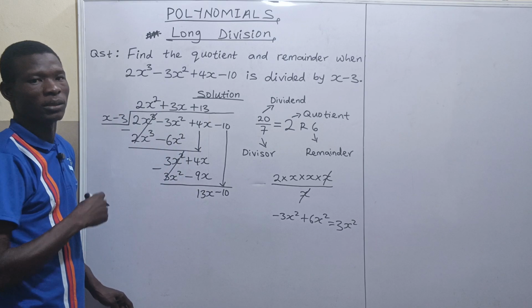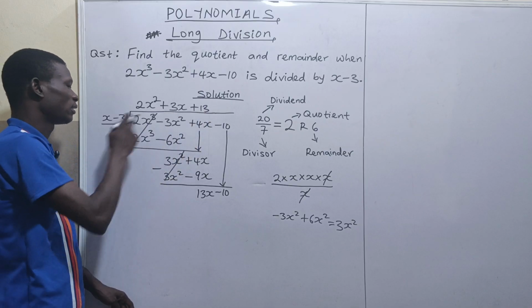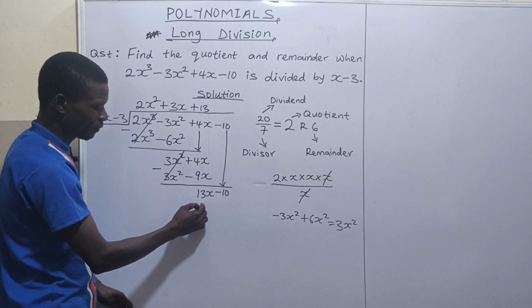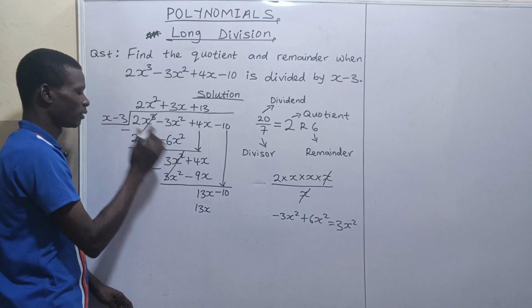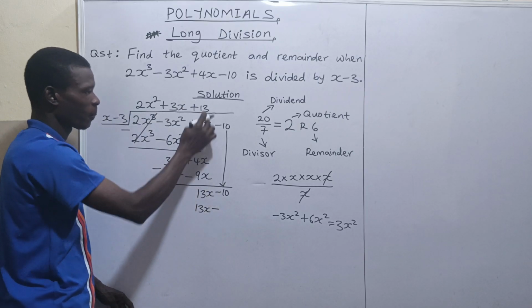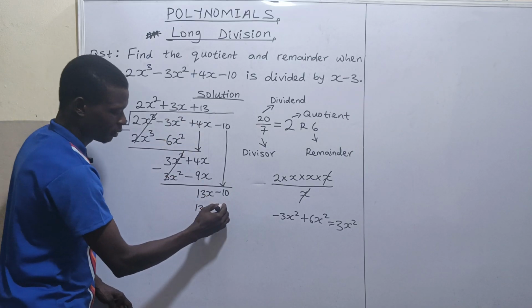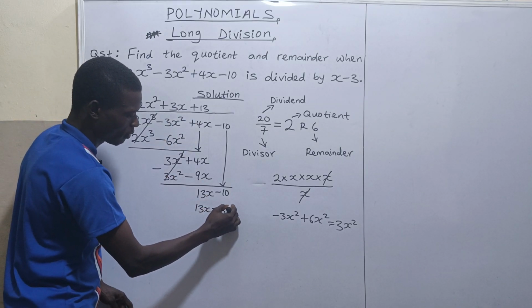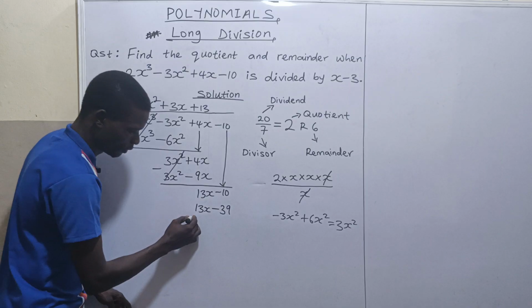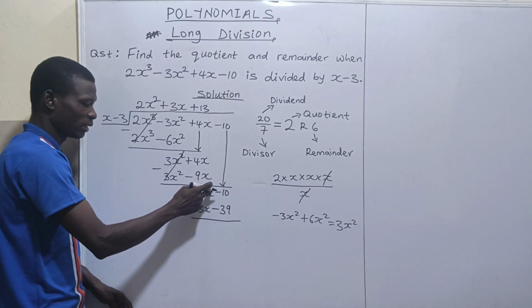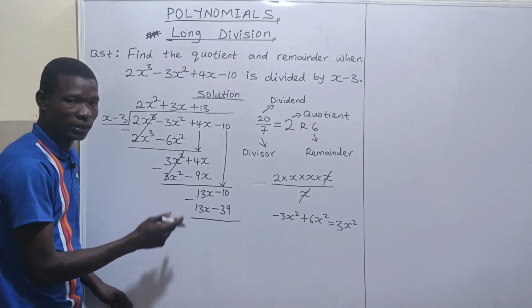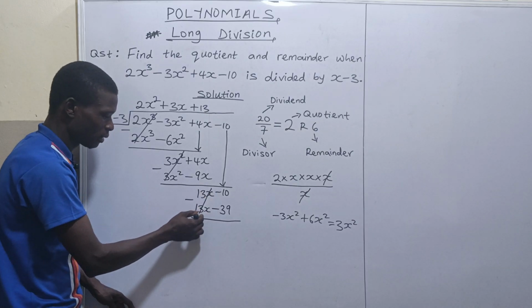We go over the multiplication again. 13 times x is 13x. Plus times minus is minus. 13 times 3 gives us 39. Then we subtract again. 13x minus 13x is 0. Eliminated.